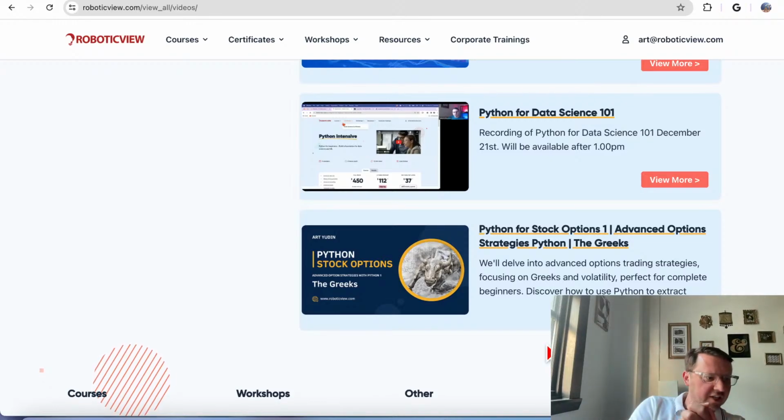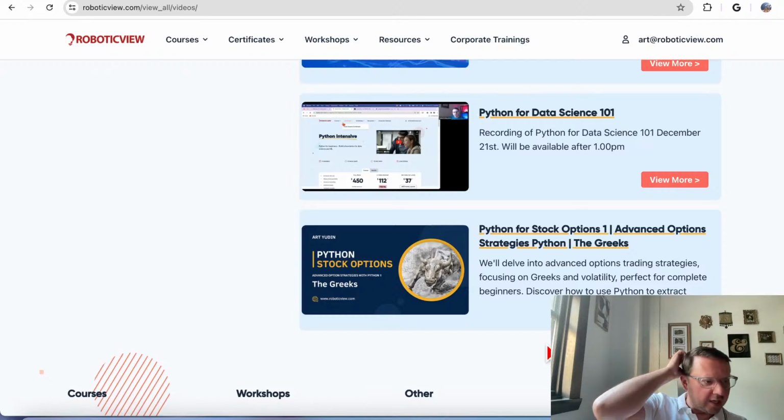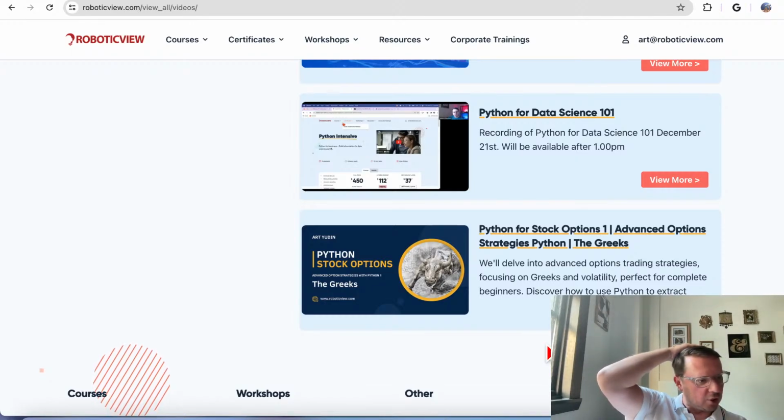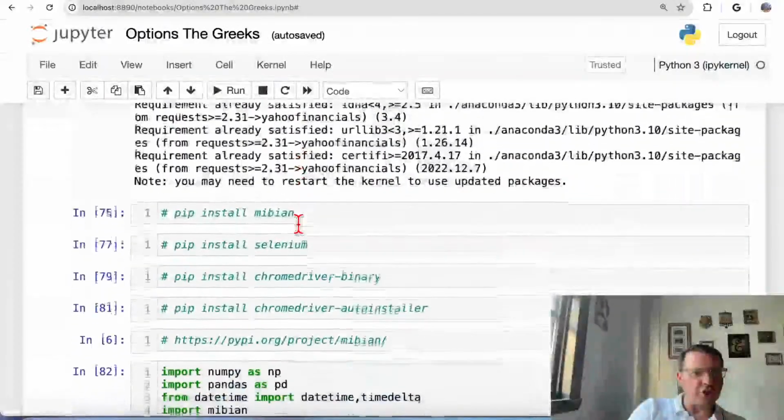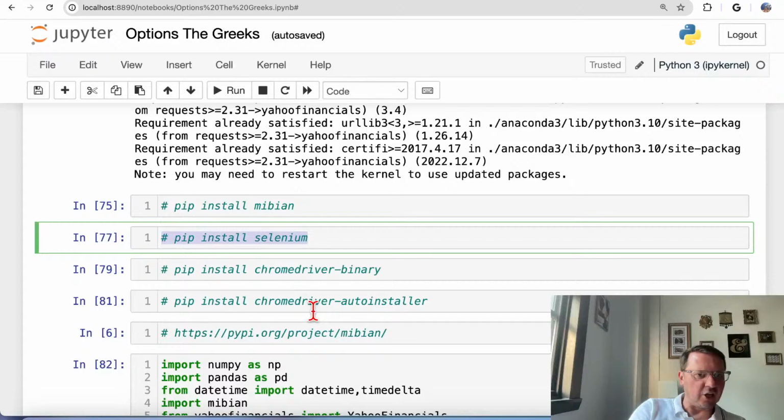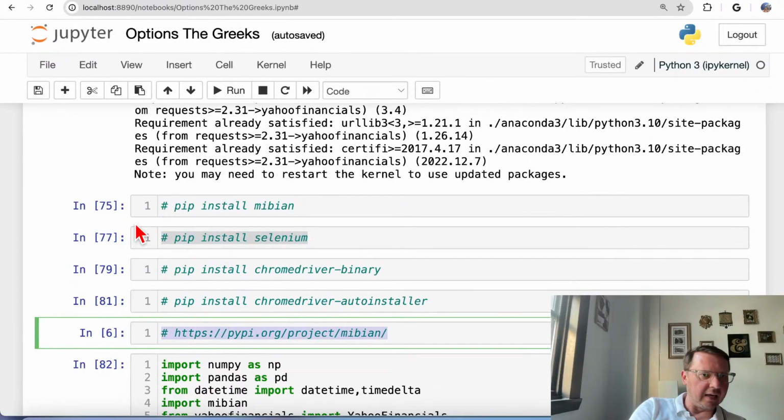Again, I don't want to mention anyone, but pretty much all major brokerages provide APIs for Python because Python is very, very popular. Okay, yes, you cannot run this in Colab as is, because Colab would require a different setup. So if you want to run it in Colab, you would need to Google how to use Selenium in Colab. It's not that difficult, but yes, you could run the script in Colab too.